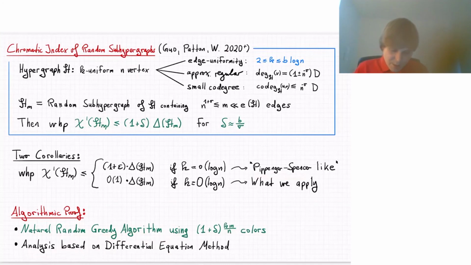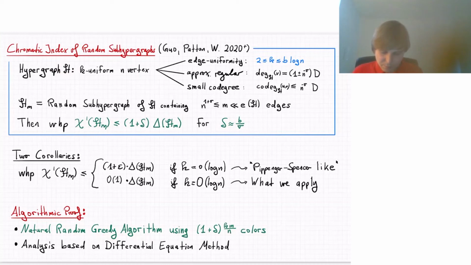And this random greedy algorithm was also analyzed to look at the chromatic index of a random k-uniform hypergraph. This was work by Valentas, Kurauskas, and Rybarczyk. They used it to analyze the situation for random k-uniform hypergraphs, which is something like this, when the hypergraph you're looking at up here would be the complete k-uniform hypergraph.